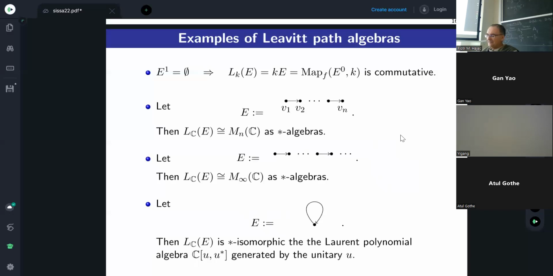Because you see, by the first conspicuous relation, let's call it E, I know that E star E is equal to V, but it's just one vertex, so it's equal to 1 in my algebra.